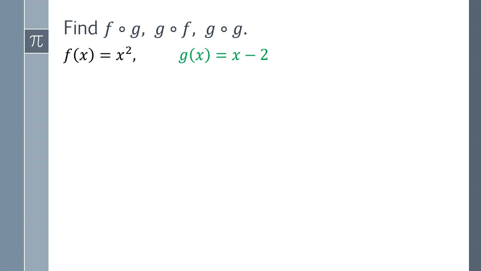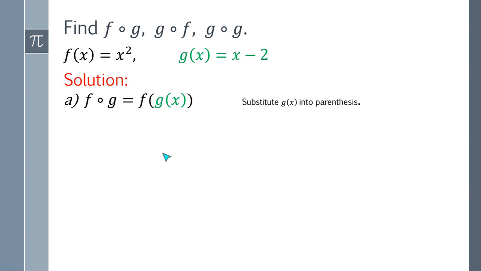Let's try this one. Find f of g, g of f, and g of g. Here we have f composed of g, so we get f of g of x. g of x is x minus 2, so we're going to substitute it. Now we take x minus 2, go to the function f, and wherever I see an x, I replace it with x minus 2. So we get x minus 2 squared.